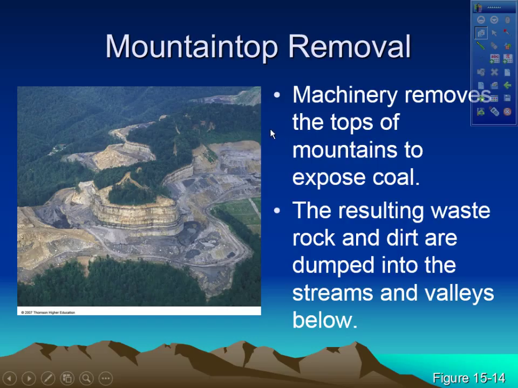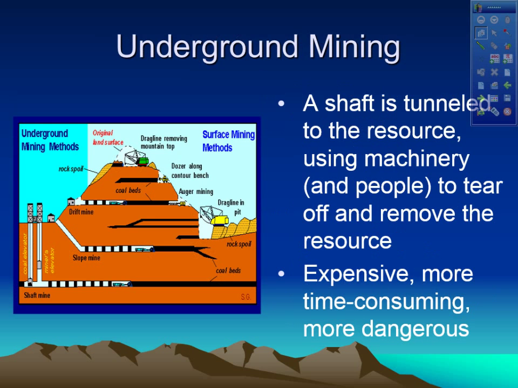Hopefully what you're noticing with all of these types of mining is that your waste, your reclamation, whatever's left, the overburden, is getting dumped somewhere or back on top of whatever it is. Is it ever going to be the same? And all of this waste is getting dumped and eroded into the fresh water below it, so you have huge amounts of water pollution.